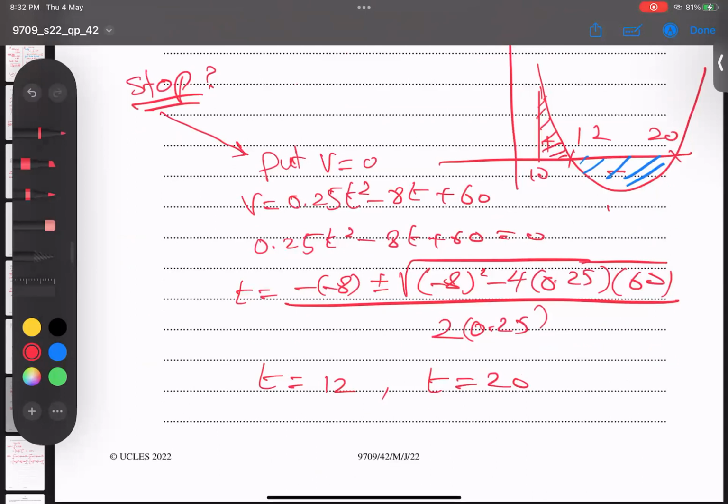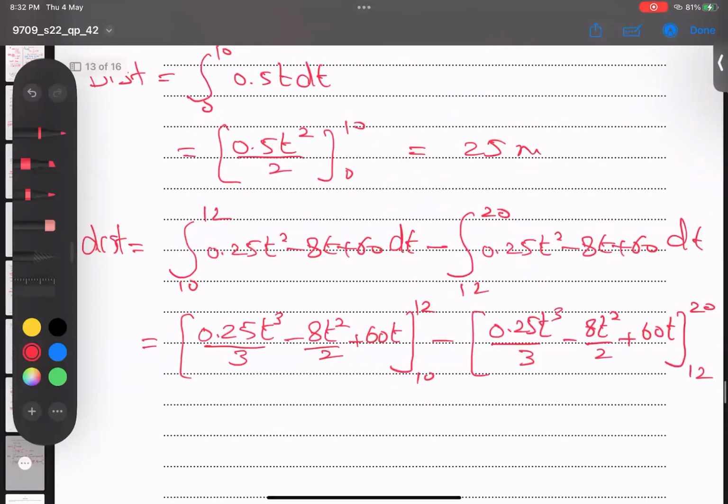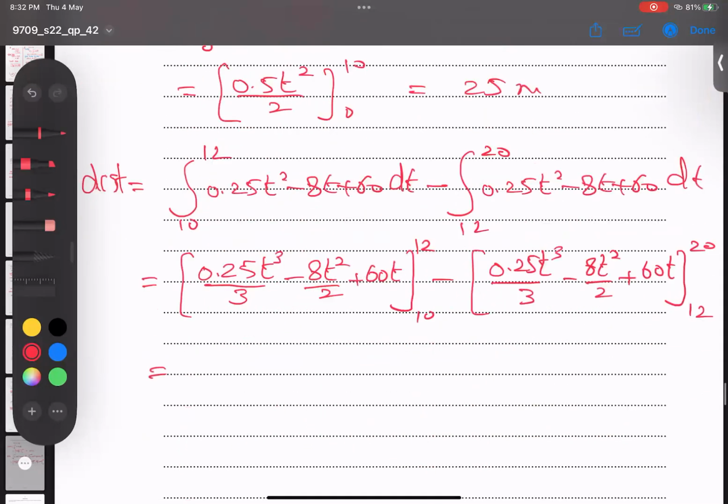And I'm now finding the final answer from here. I got 25 meters already, and now I'm applying this one. When I plug in 12 and 10, when I apply 12 in the place of the equation, I get the answer 288 meters.